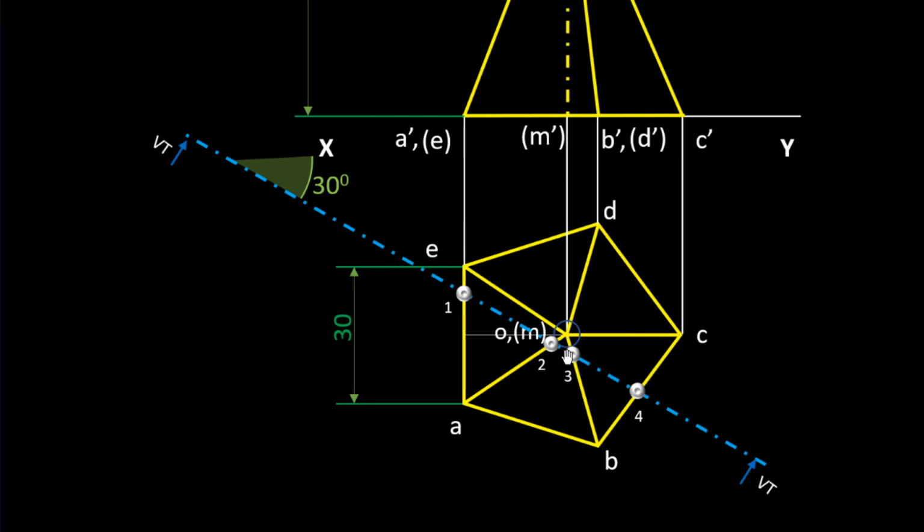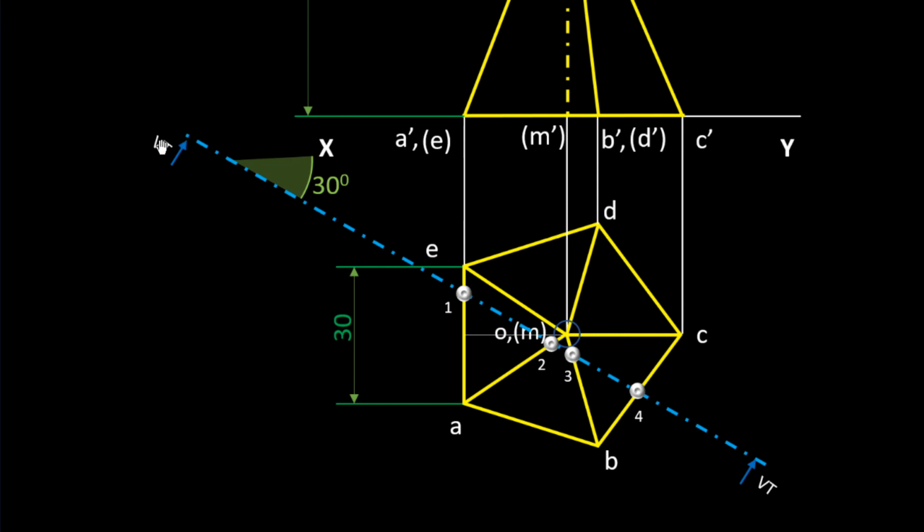Again moving to the next one, we have already named the slant edge OB as point 3. No hidden points or hidden edges remaining. Again moving to the next slant edge OA, which is also named point 2, no hidden edges. Again, the last one, which is AE, I have already named point 1. There are no hidden edges.